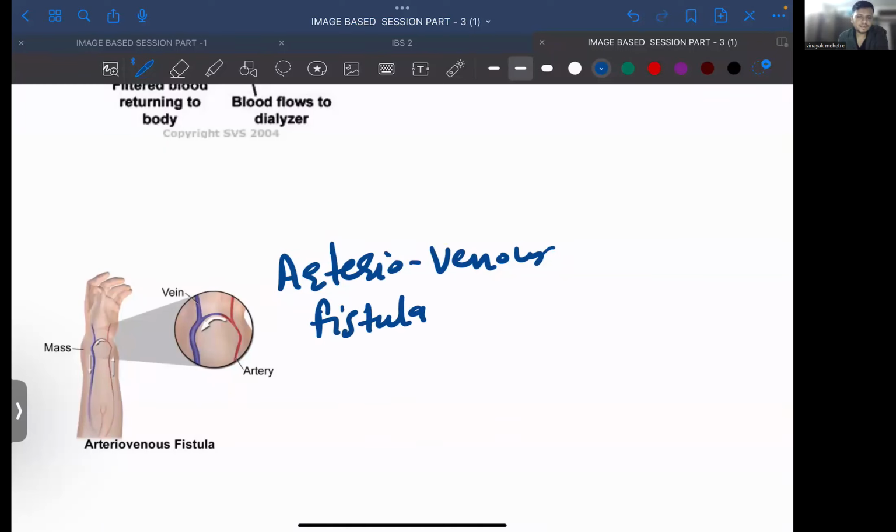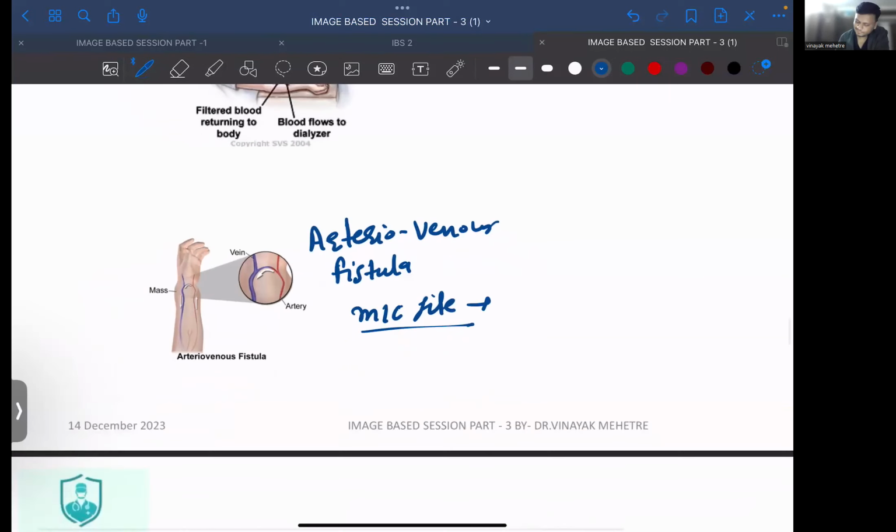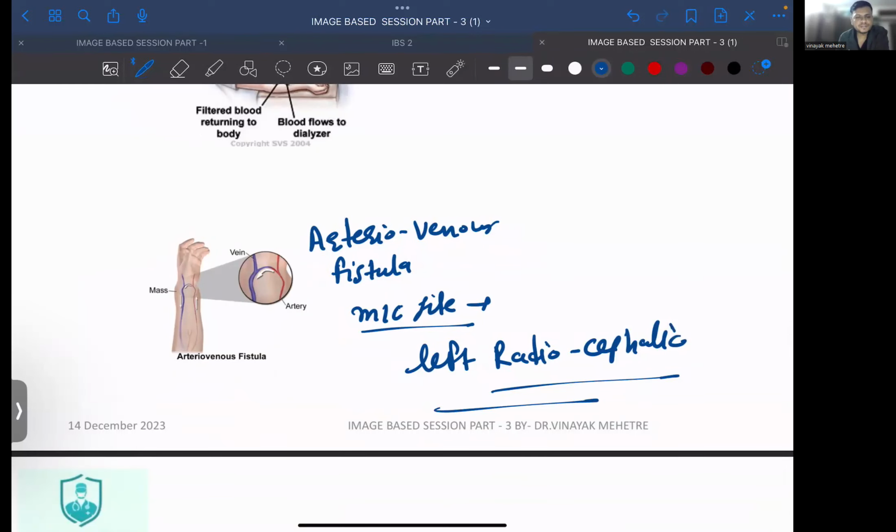Most common site for arteriovenous fistula is, anyone? Left radiocephalic.